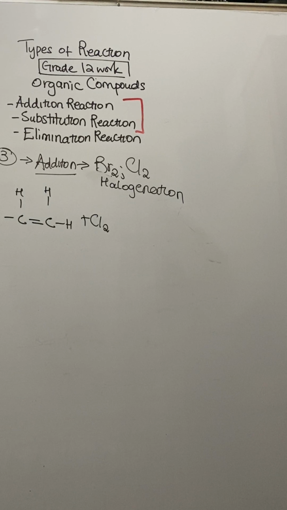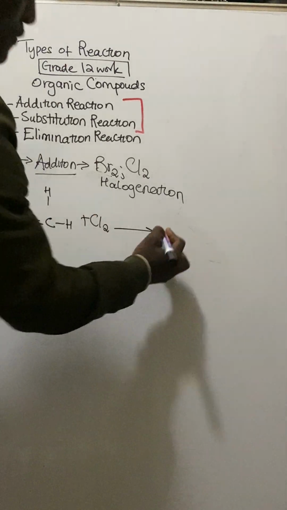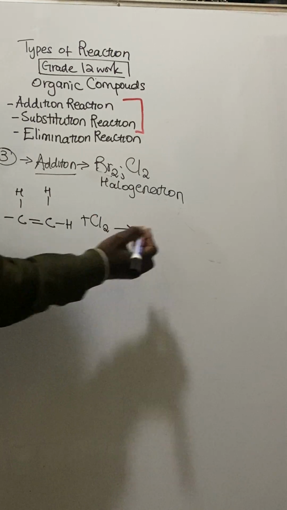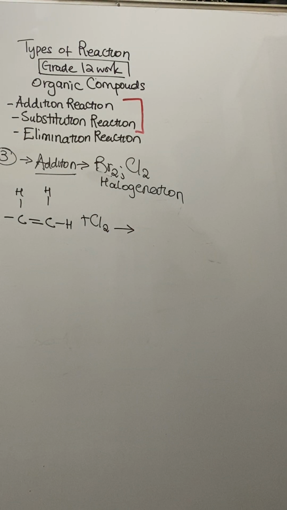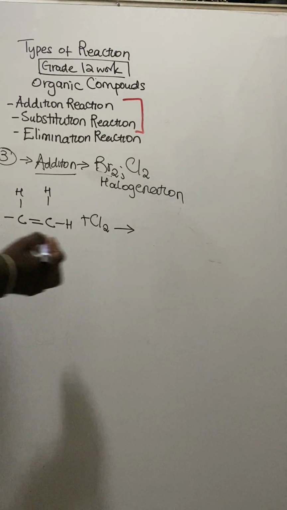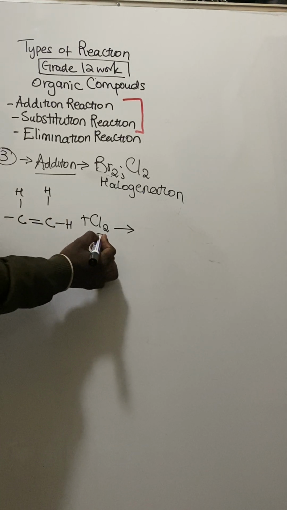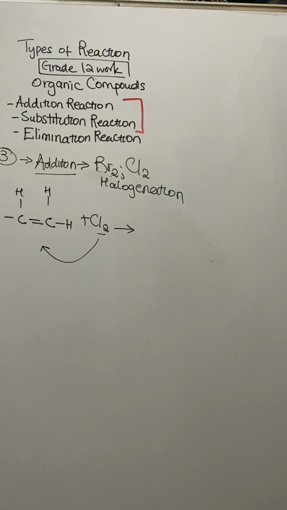So with that being the case, what are the reaction conditions of this one? Because chlorine has high electronegativity, and even bromine has really high electronegativity, in order for them to bond and be added, they won't require any heat, and they won't require any catalyst.